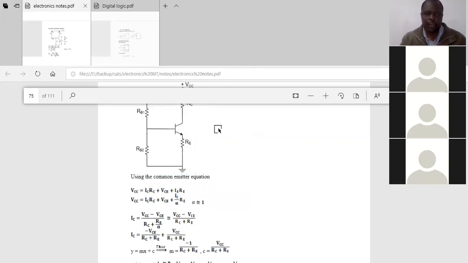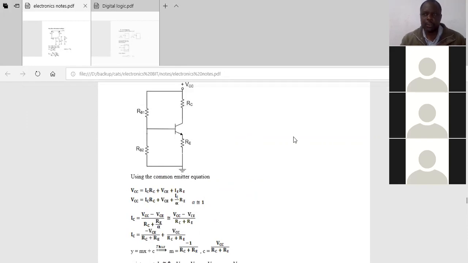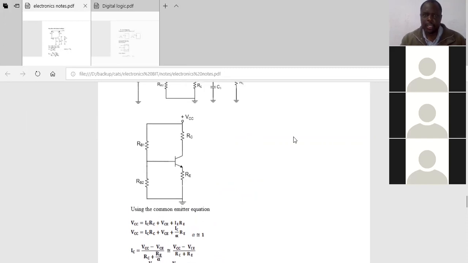So I want you to have a look at the collector emitter equation that we are discussing.